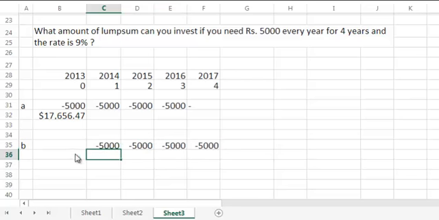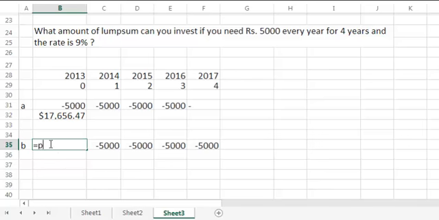Now before we calculate the answer here, should it be lesser than 17,656 or should it be more than 17,656? Well, if you think of it, by withdrawing 1 year later, you are giving money chance to grow for that 1 year, and hence lesser amount of money should be able to do the job.